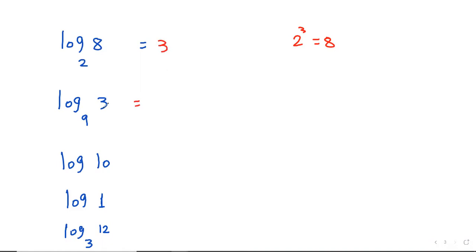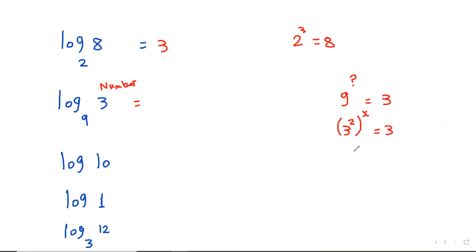And log 3 to the base 9. Log 3 in the base 9 equals what? You know, 9 is the base and 3 is the number here. So 9 to the power of what equals 3? You know that this 9 can be written as 3 to the power of 2, all to the power of x, equals 3.